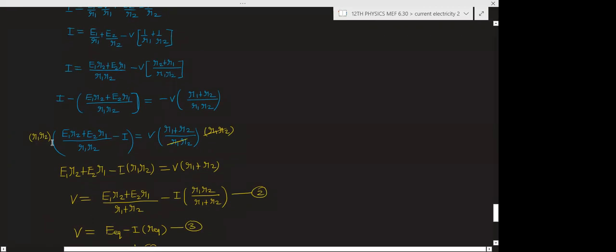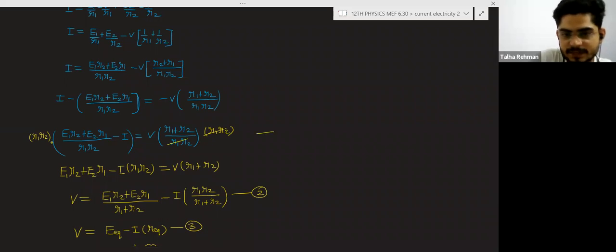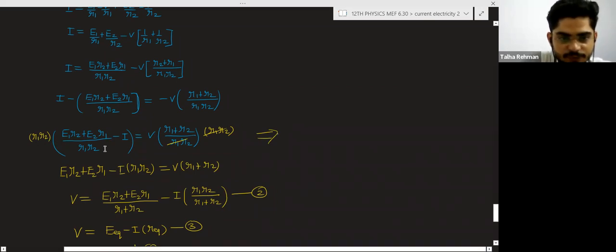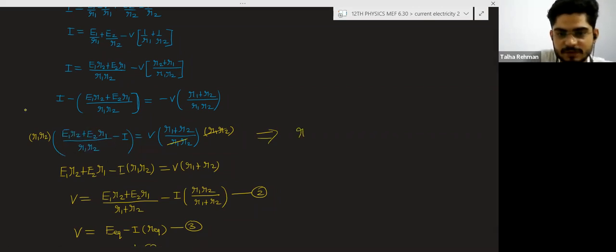Actually I have skipped one step here. So the next step is like this. See here, when you multiply R1 R2 with this term, it will become E1 R2 plus E2 R1 divided by R1 R2.